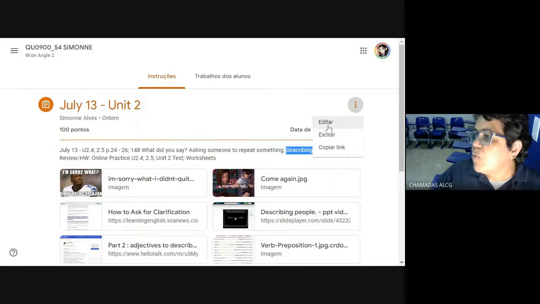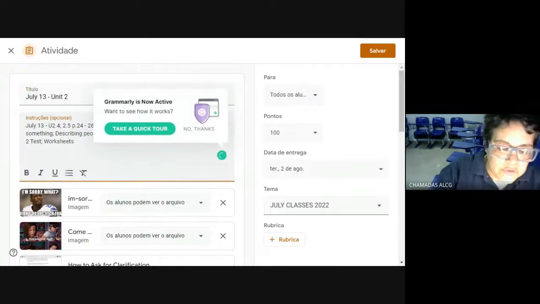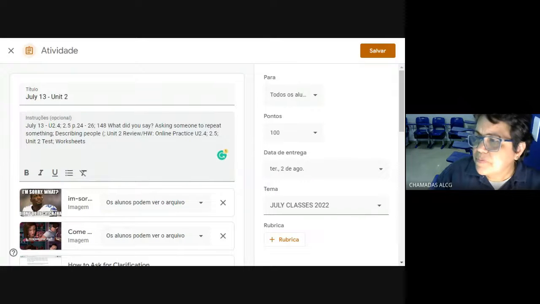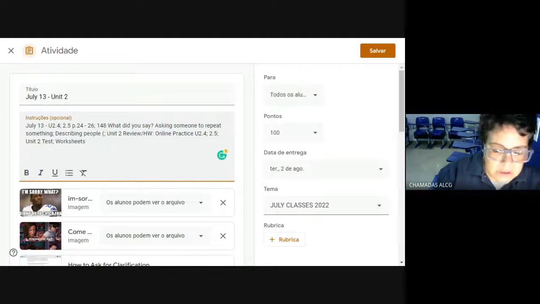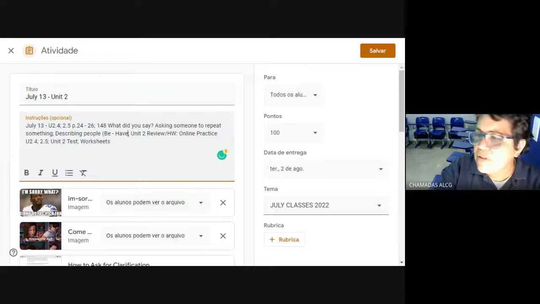And in this one here, I'd like to add some information. Describing people, we can use the verb to be, okay? Or the verb have, or we can say be good at or be bad at.